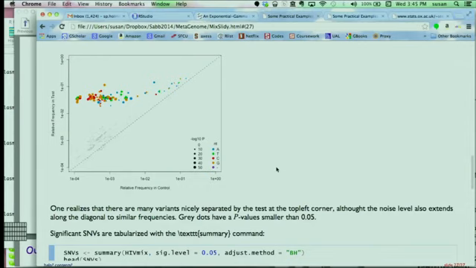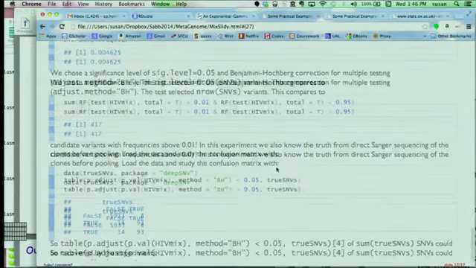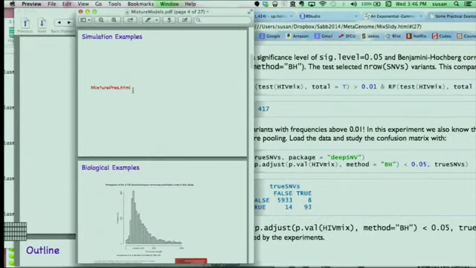In some sense this was able to find all of these significant ones without getting all the noise, and it's a much better test. It's a very nice example, so I recommend the vignette of the DeepSNV package. It's a good example of using the beta binomial. So that was my biological example.